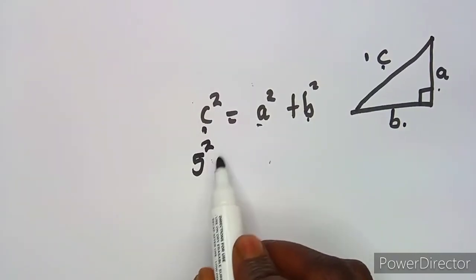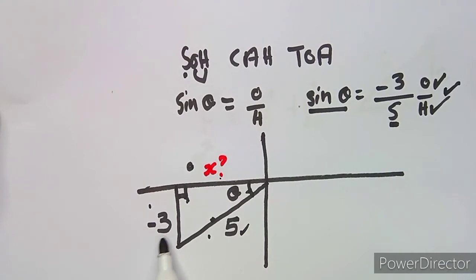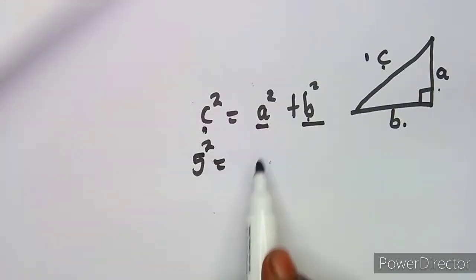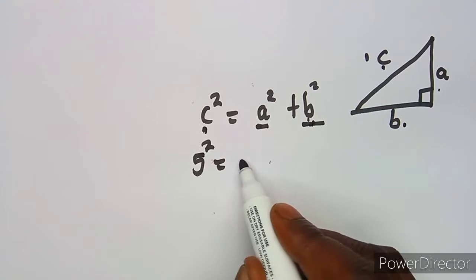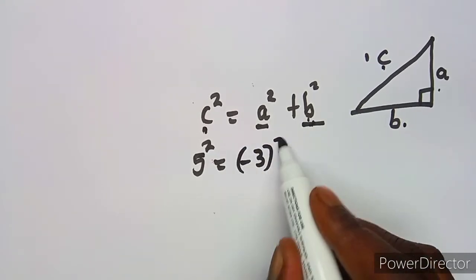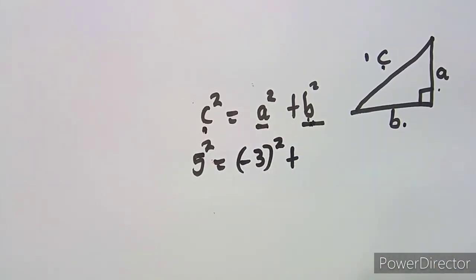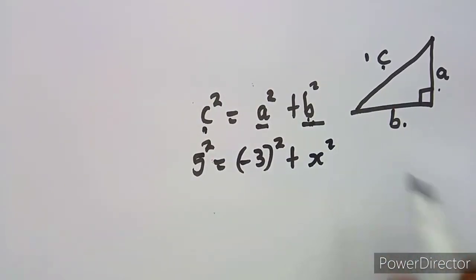So you're going to have 5 squared is equal to a squared plus b squared. These are the shorter sides, so you can substitute -3 on any of these 2. So you can substitute here -3 squared plus b squared, which is the x that we want to calculate. You can write this as x squared, or as b squared, still is fine.